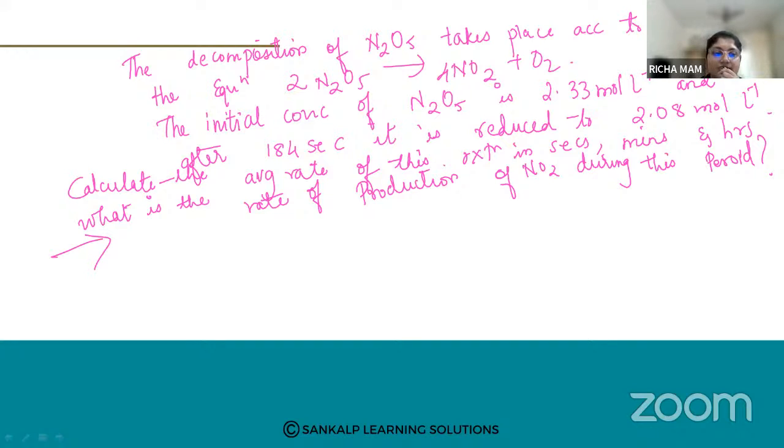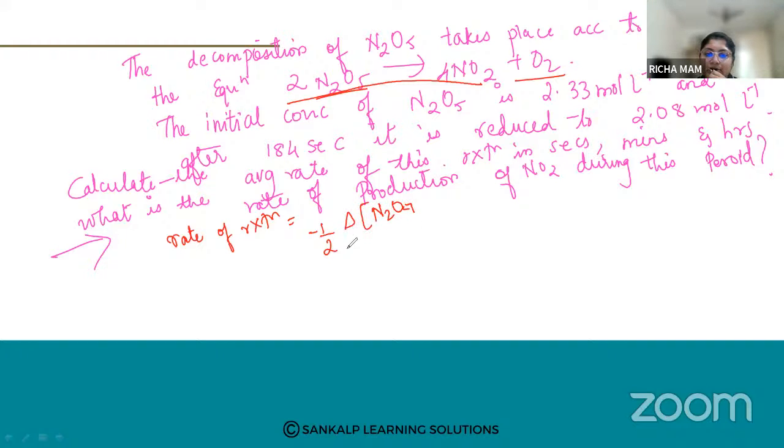From this reaction, 2N2O5 giving 4NO2 plus O2, first write the rate of reaction. The rate of reaction is the change in concentration of the reactant, so minus half delta N2O5 divided by time.